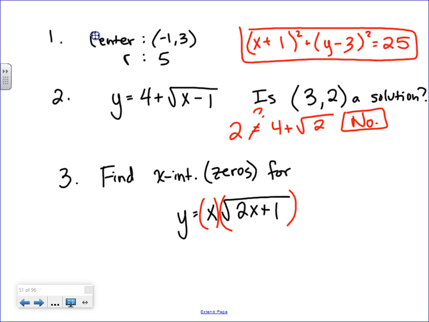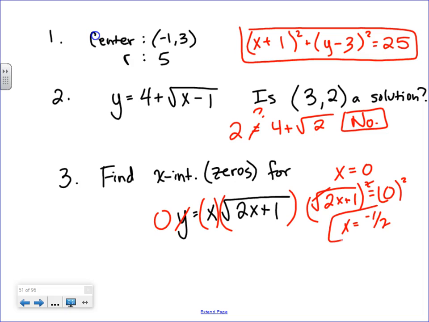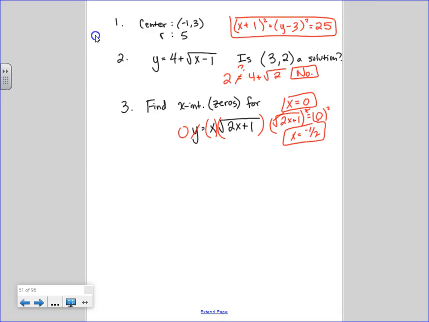The square root is 0 and this. Negative 1/2. Good job. Thanks, Lucas. 0. Hey, you get it? Yeah, I do. If you haven't finished it yet. Oh, I got it.